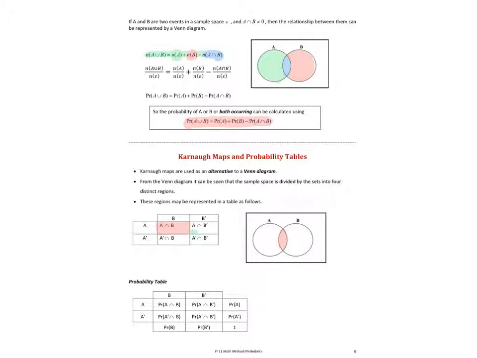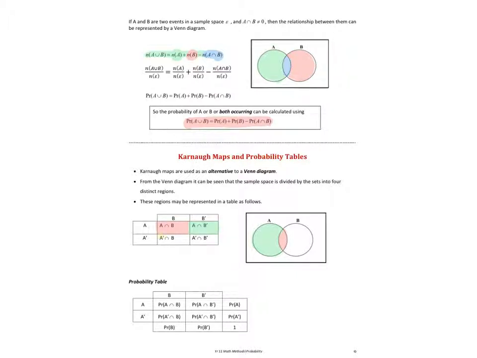That says everything that's in A but not in B. It's got to be in A but not in B. Everything that's in A is here, but I can't include that little red section because that's in B. So we want everything in A that's not in B, so that's that section there.